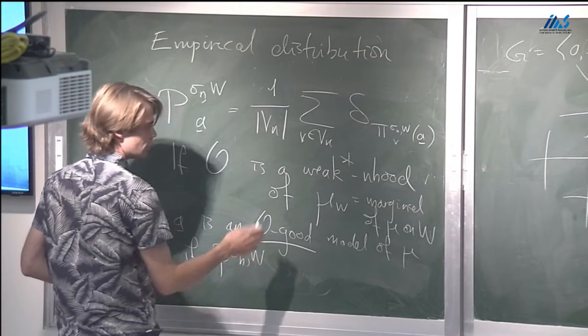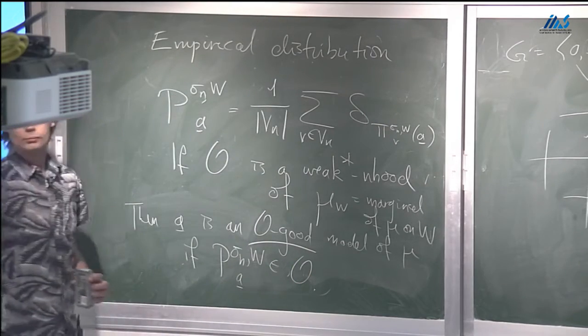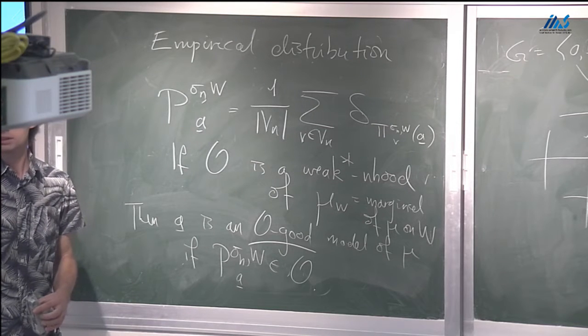So it's close to mu itself in the sense of being in this neighborhood. Okay? So that's asserting some kind of equidistribution relative to the measure mu. Does that make sense?